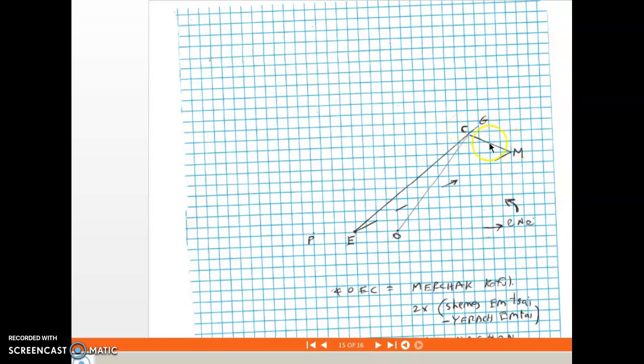Then we explained that there is this CG that sticks out, that somehow gets pushed a little bit back and forth. And then there's CM, that's a big rod. All these things we explained very well. If you don't understand it, please watch the old videos again. So right now, we're up to this point.